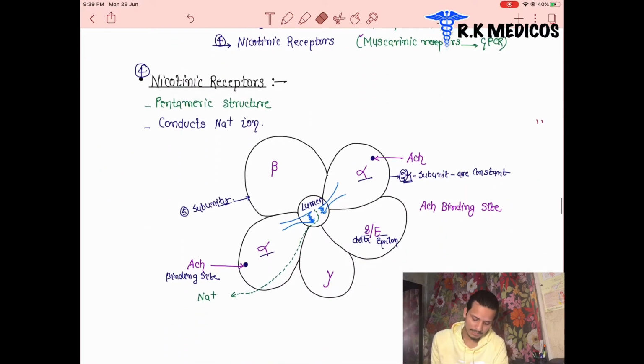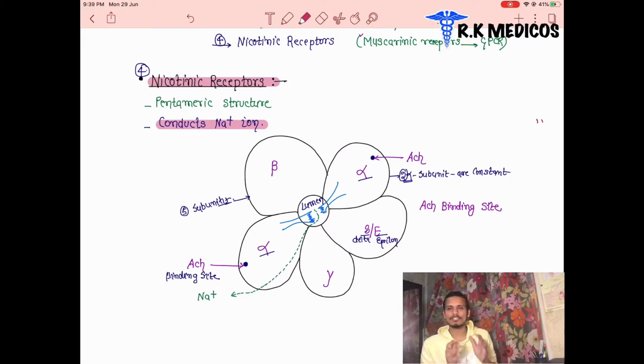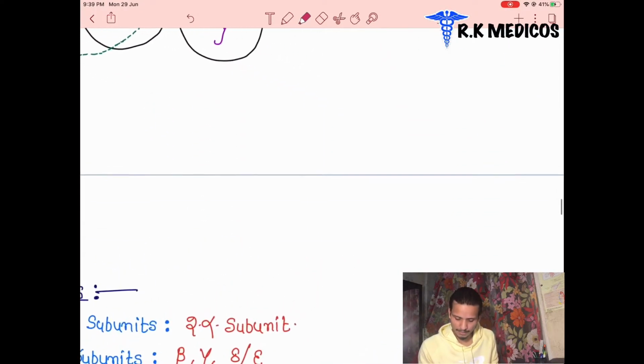So here we can see the nicotinic receptor. What type of receptor is it? An ion channel. It conducts sodium ions. What is the structure of this? I am drawing some structure here. Suppose this is the lumen through which ions move outside and inside.